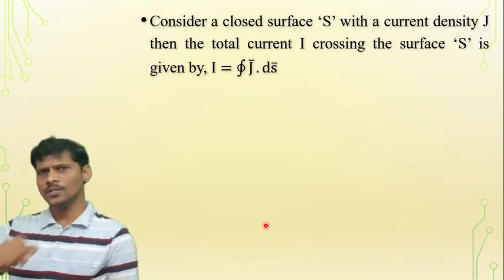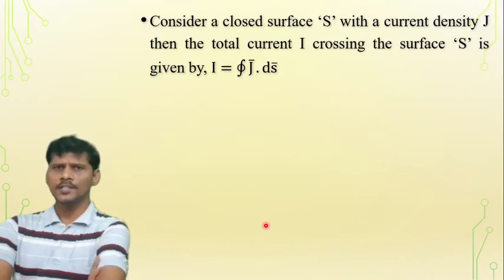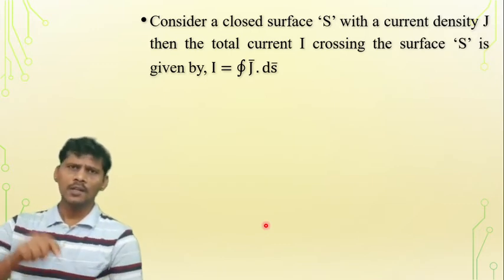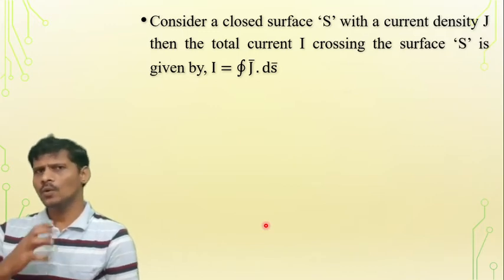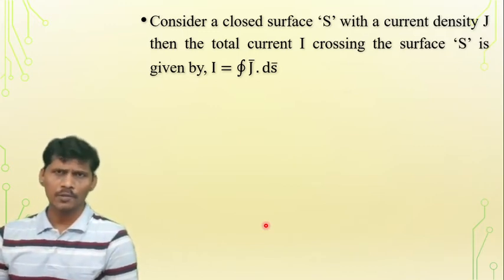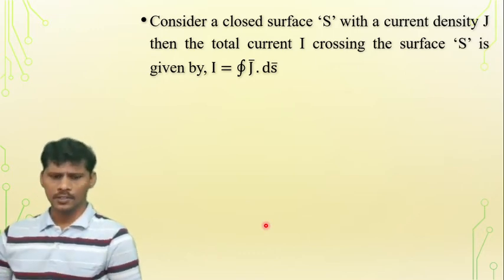Consider any closed surface with current density J bar. Then the total current I crossing through the surface is given by I is equal to the closed surface integral of J bar dot ds bar. This is the relationship between current and current density.